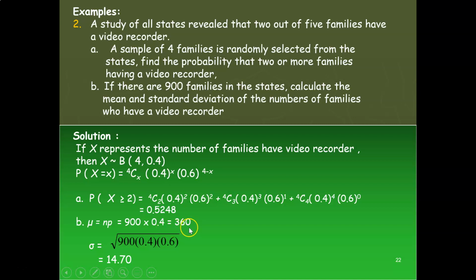So you obtain your mean, and then your standard deviation. Standard deviation is equal to the square root of npq, since npq is actually your variance.